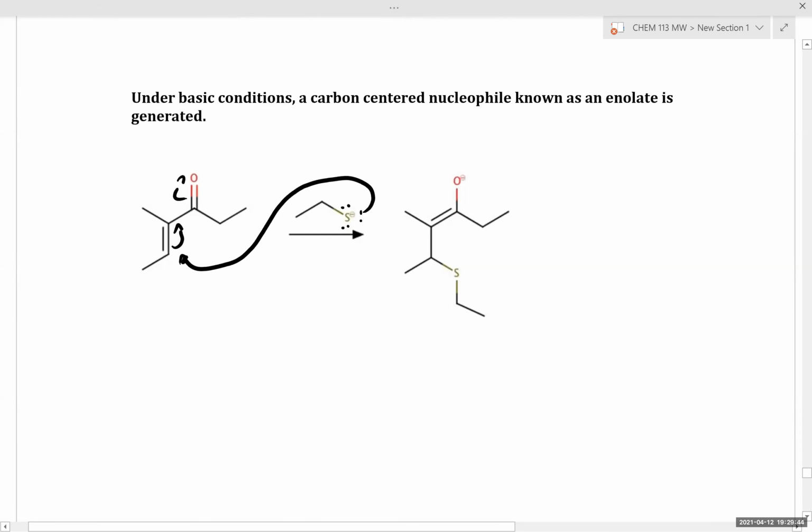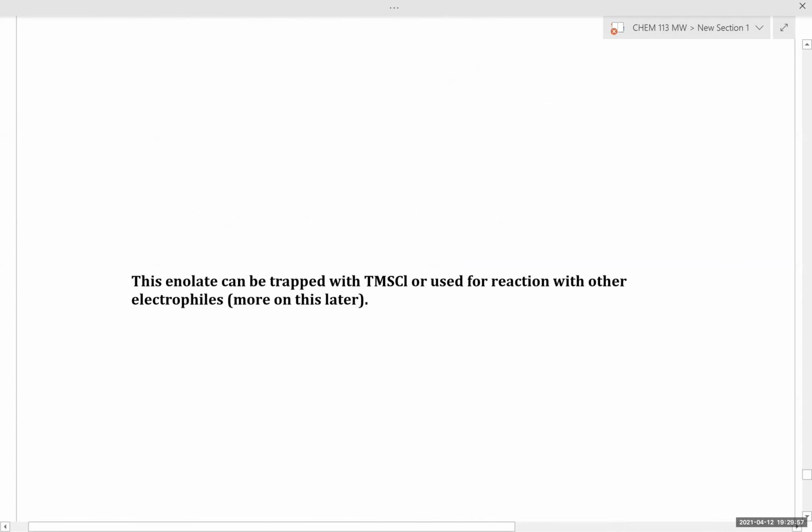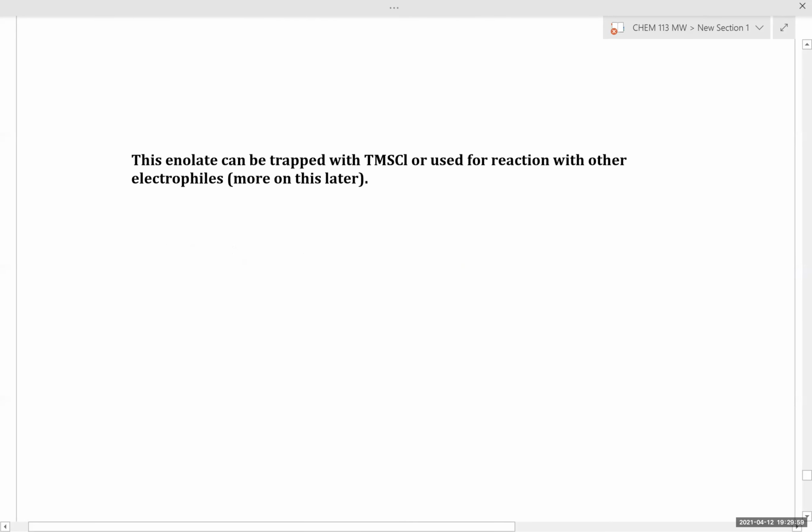So under basic conditions, an enolate is generated, and that enolate can be used for further reactions, and we'll see a lot of that in later chapters. One pretty common thing that can be done is the enolate can be trapped with trimethylsilyl chloride or used for reaction with other electrophiles.